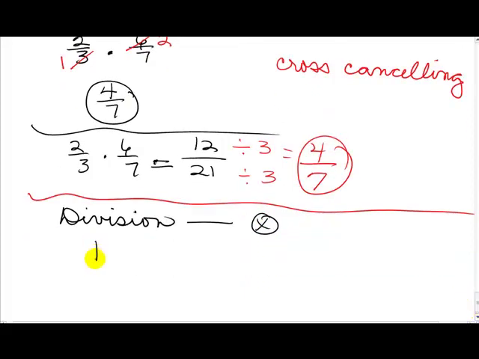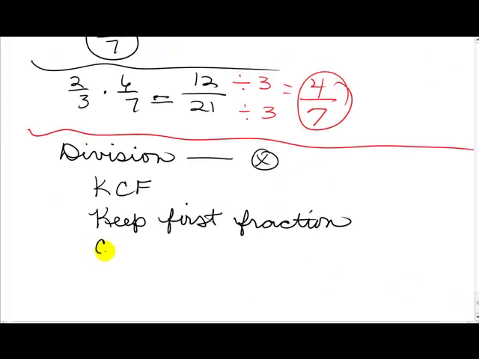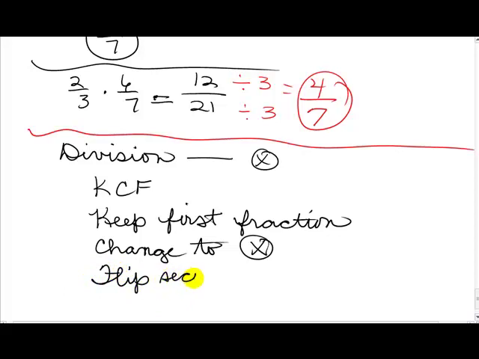And at the beginning I mentioned that KCF, it's keep the first fraction, change to multiplication, and flip the second fraction.